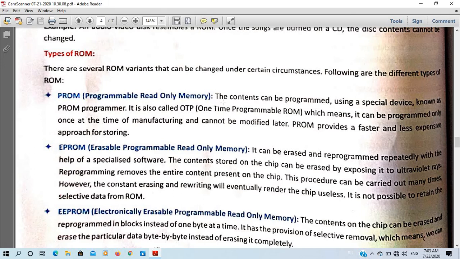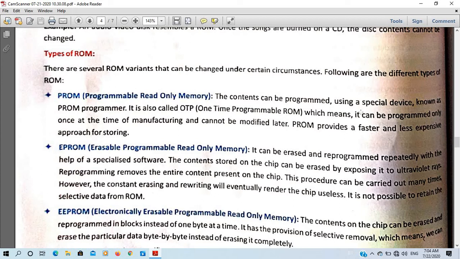The content can be programmed using a special device known as a PROM programmer.